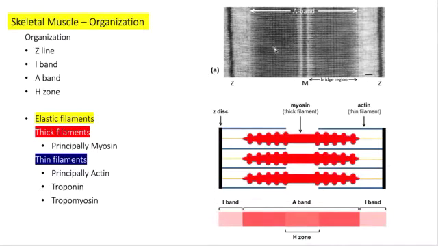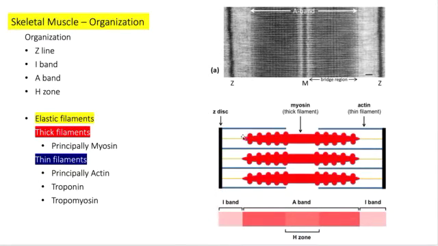And then there's an A band, which you can see here. And then there's an H zone, which is in between this dark and this dark region. And then there are the filaments. So there's an elastic filament, there are thick filaments, and there are thin filaments.